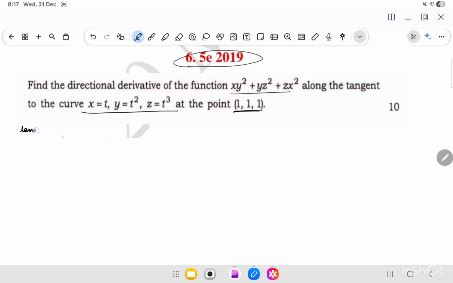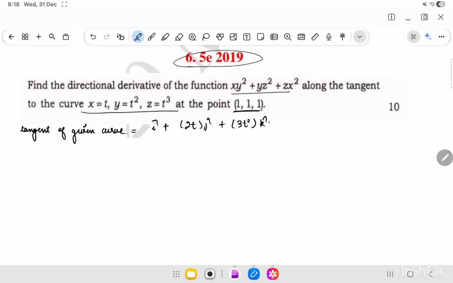The tangent of the given curve will be equal to del by del x i cap plus del by del y j cap. Basically it's in parametric representation, so it will be equal to i cap plus the derivative of this, that is 2t j cap plus 3t square k cap.